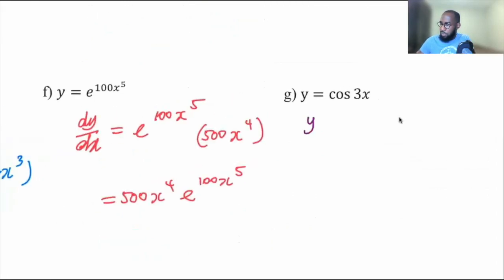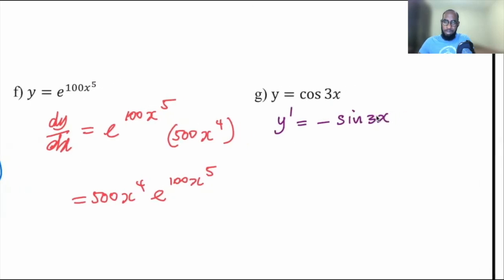So let me use a little y prime. That simply means dy dx. The differential of cos x is negative sin x. So the differential of cos 3x is negative sin 3x, right? But you don't stop there. You have to deal with this here. When you differentiate 3x, you will get 3, right?